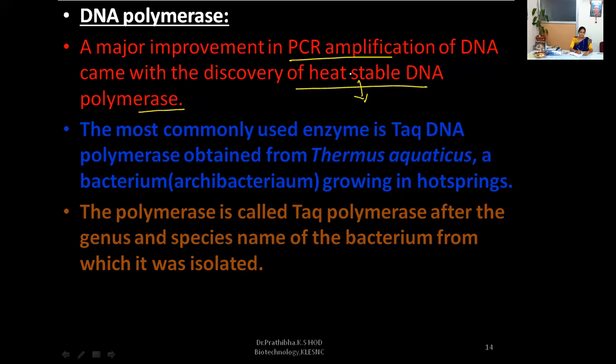The most commonly used enzyme is Taq DNA polymerase, which is obtained from Thermus aquaticus, an archaebacterium growing in hot springs.